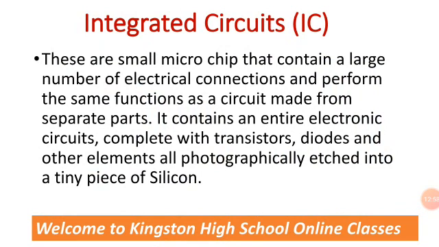I hope you understand it now. So an integrated circuit is a combination of different other electronic components made into a small microchip, of maybe silicon or germanium, as the case may be. All right, so that's it.